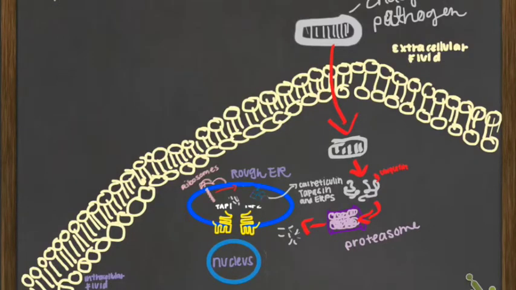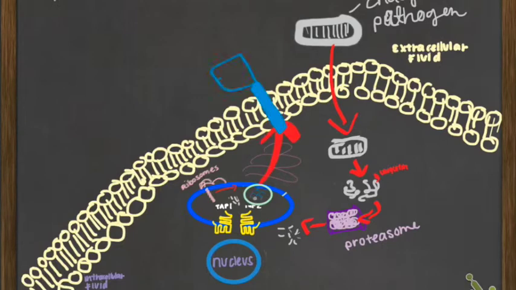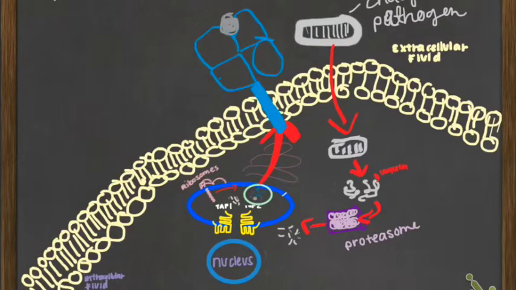It will leave the rough ER using an endosome, go through the Golgi apparatus and out through the cell membrane, expressing the MHC class 1 molecule with the peptide. Remember that the small peptide is a small fragment of the bacteria that had previously infected the cell. The MHC class 1 molecule and the peptide will wait for interaction with the CD8 T cell.